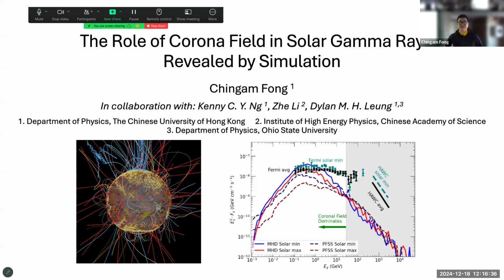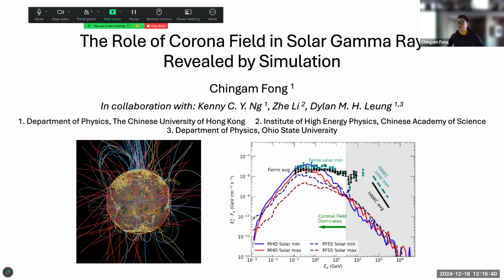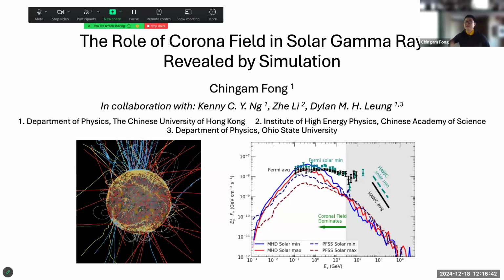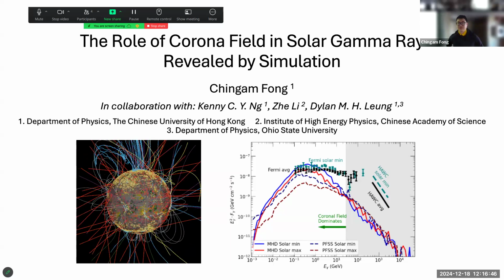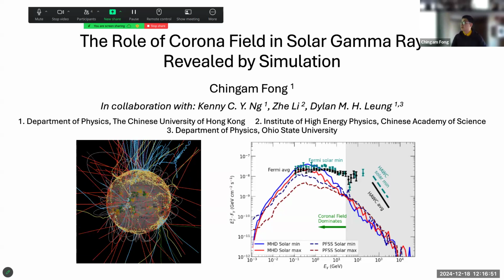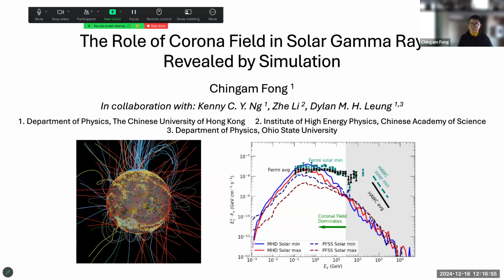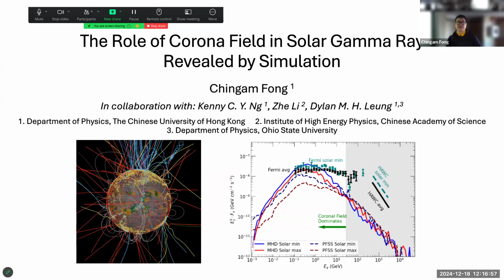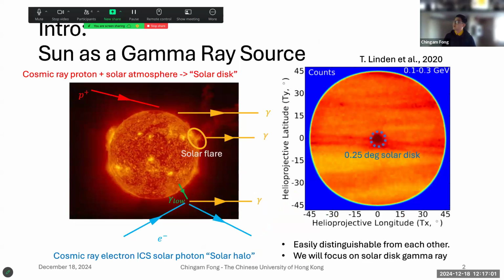The present work was completed with my PhD advisor, Kenny, who is also from the Chinese University of Hong Kong; Zhe, from the Chinese Academy of Science, who did the first iteration of the simulation I'm using; and my former classmate Dylan, who's currently in Ohio, who helped with the beautiful 3D visualization, which you will see a lot in this presentation.